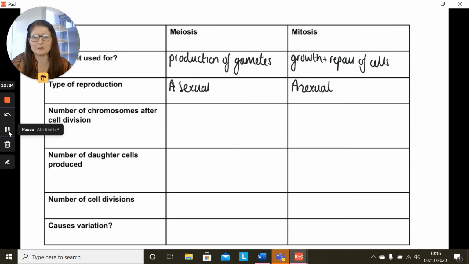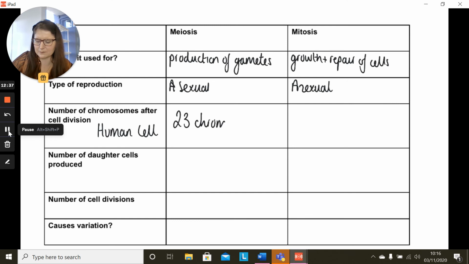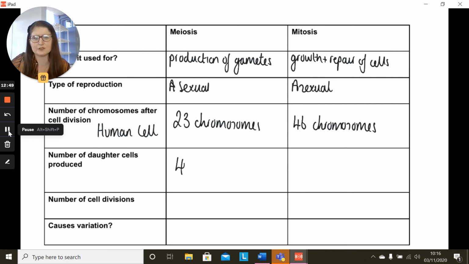The number of chromosomes after cell division, in a human cell: in meiosis, we have 23 chromosomes. In mitosis, we end up with 46 chromosomes. The number of daughter cells produced: in meiosis, 4 daughter cells, whereas in mitosis, only 2 daughter cells.